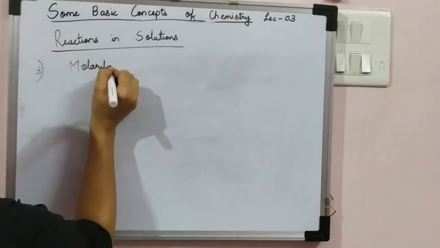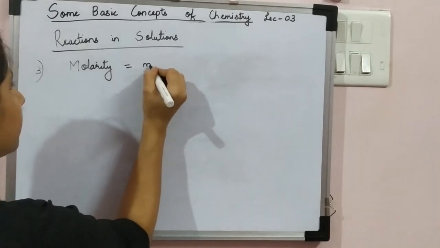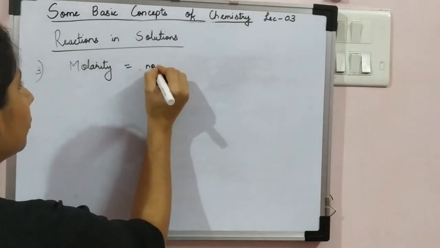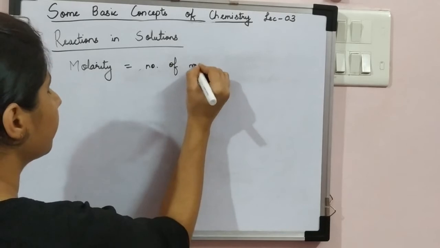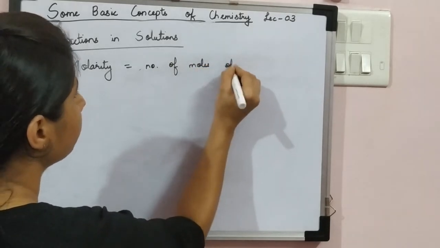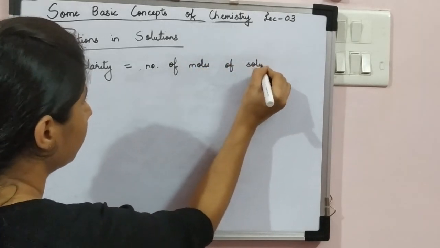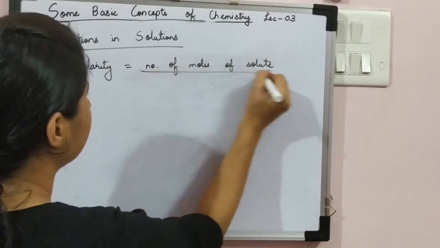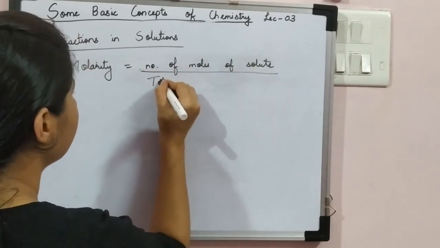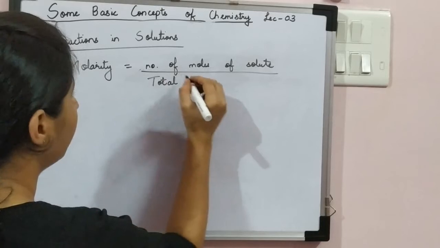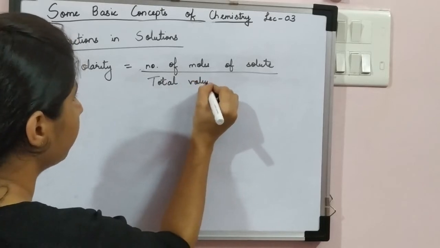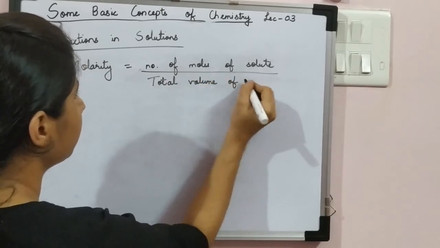Molarity is equal to number of moles of solute upon total volume, not moles, total volume of solution.